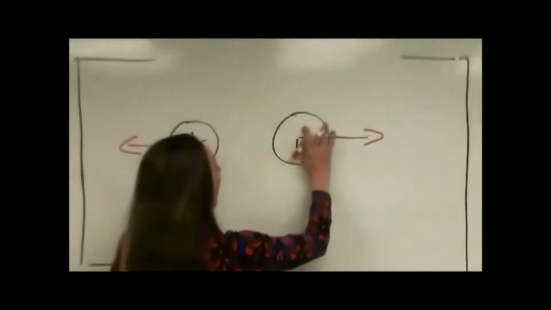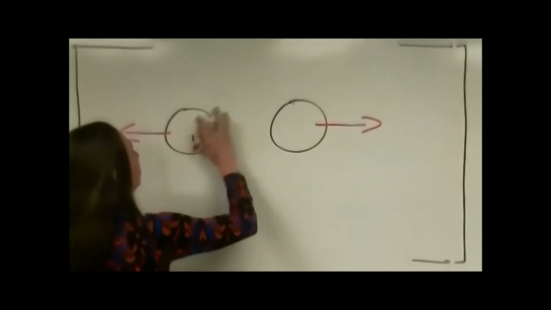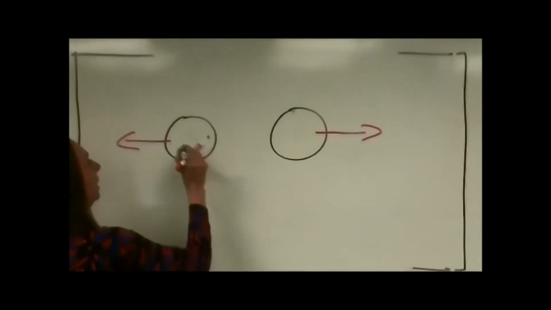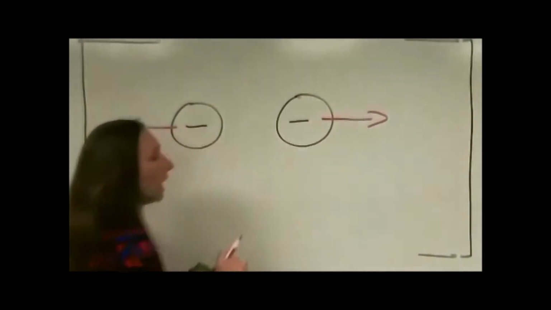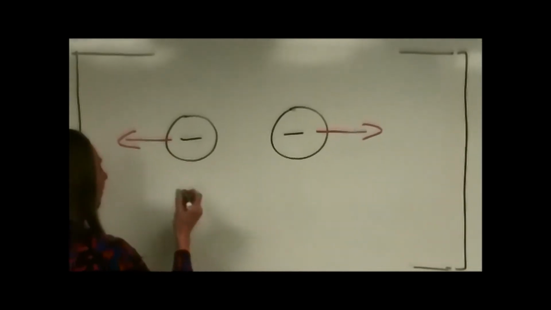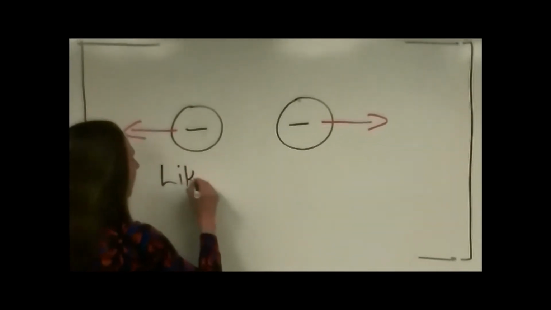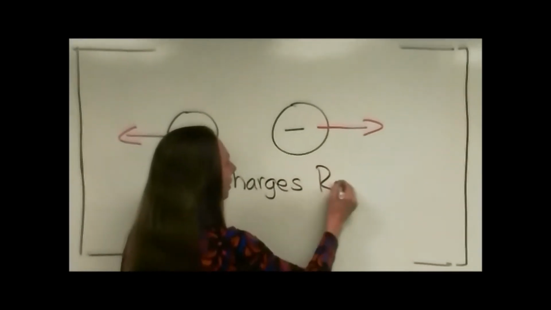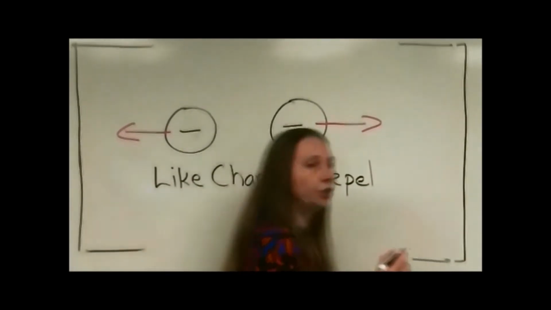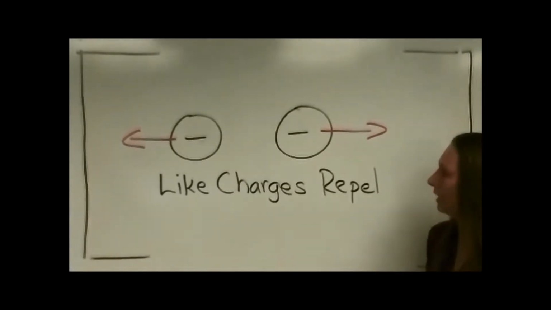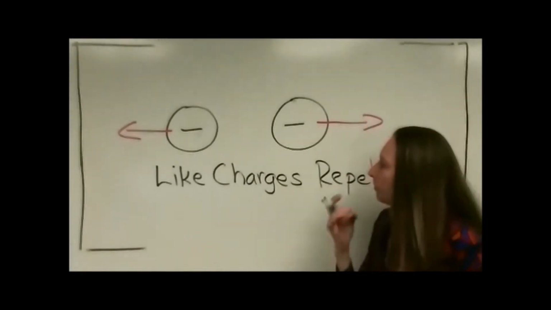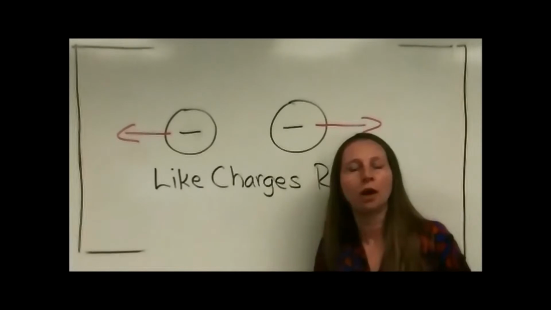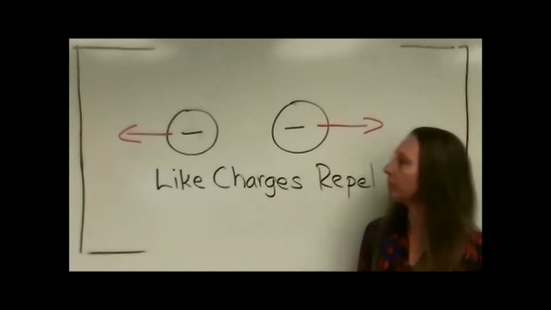The same thing would happen if the two charges were negative. This is why we say like charges repel. Charges that are the same, like charges, repel each other. They push each other apart. And again, you define charge based more upon how it behaves.